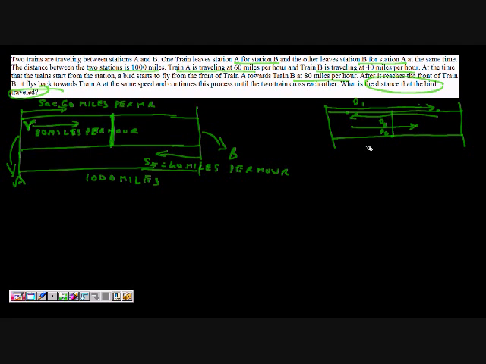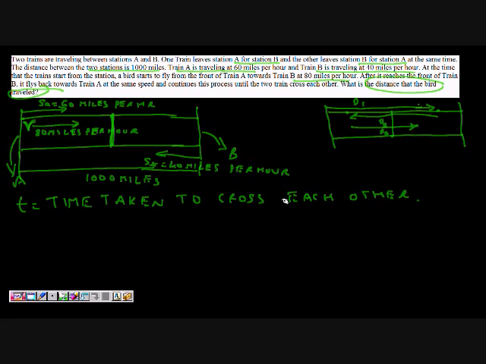Now, the other way to think about it is, let's say that t is the time taken for these two trains to cross each other. If you think about it, the bird starts to fly as soon as the trains start from the station, and it stops flying when they cross each other.